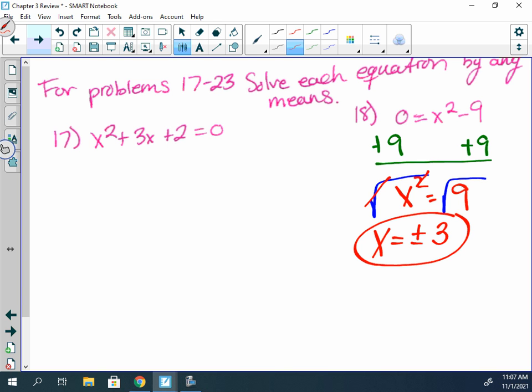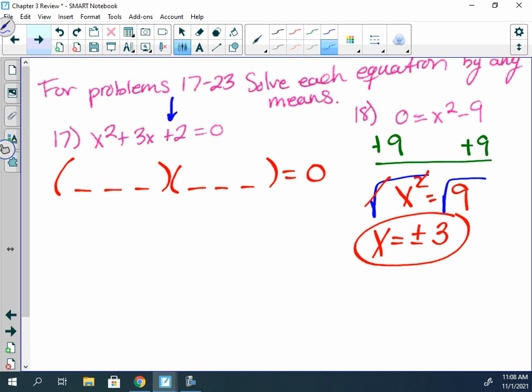So since it says any method, the first thing we could try is graphing. We can plug it into the graphing calculator, have it graph it, and see, does it give us two answers? The other method we could do is factoring. Now when we look at this here, there is no greatest common factor, so we don't factor anything out.